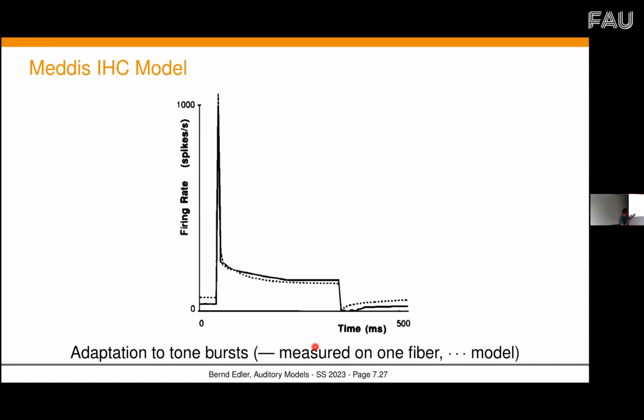So this would be more likely for a higher frequency tone, where it was measured here, where it would go more to a continuous firing rate after the onset of this tone burst. So it depends on the frequency, and this is only part of the picture of what we see here.